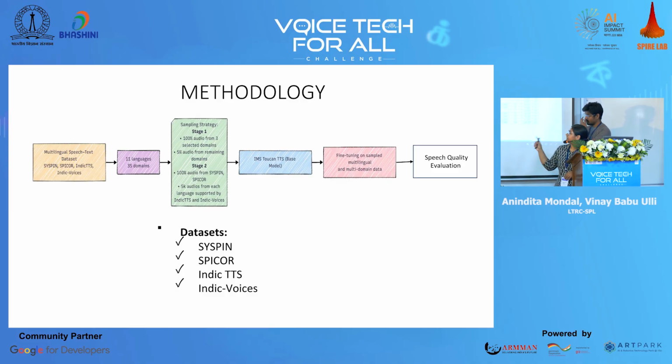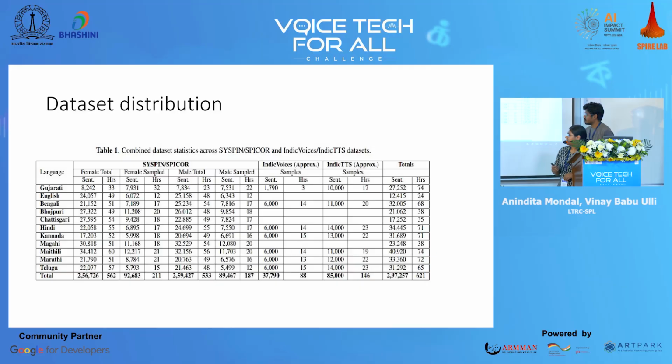The first set of columns represents the SISPIN Spire dataset, and the second one are INDIC voices and INDIC TTS. So considering that this is meant for the healthcare domain, out of the 35 domains present in SISPIN and Spire, we selected food, health, agriculture, and regular conversations, and formed the sampled set of corpus.